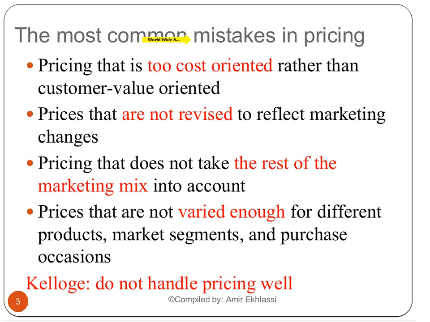Another mistake is prices that are not varied enough for different products, market segments, and purchase occasions. You must change the price based on the different products and also market segments.